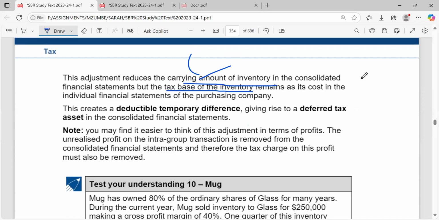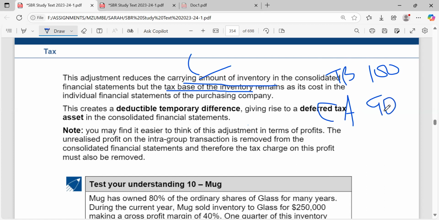Presume that the inventory had a worth of 100. This was the original, which you take as the tax base. But for the accounting base, or the carrying amount, we take 100 in the consolidated books and minus the provision for unrealized profit. Let's say it was 10. So 100 minus 10, you have 90 here, right?